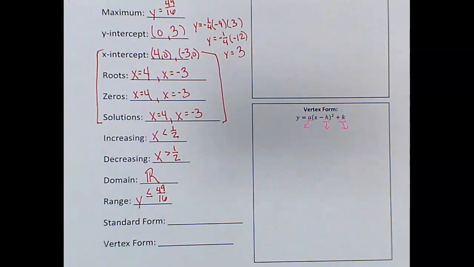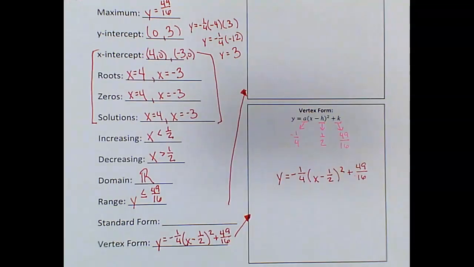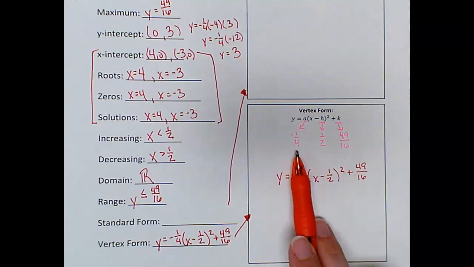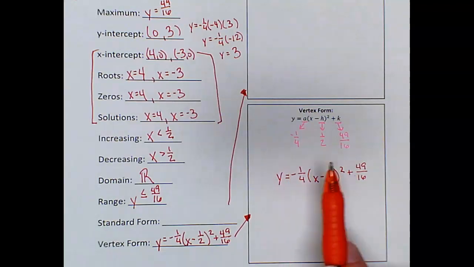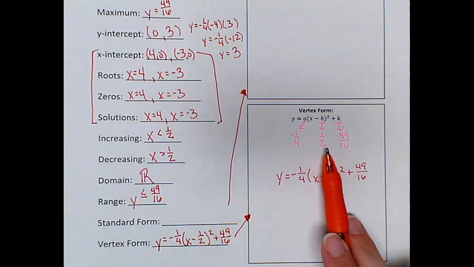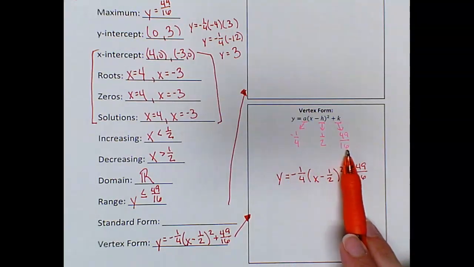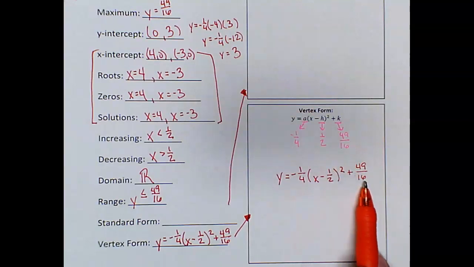So pause your video and try putting together vertex form. So your a value is -1/4 from the original equation, and then your vertex was 1/2 and 49/16. So all three of those numbers go in, and here is your vertex form. Check it with yours.